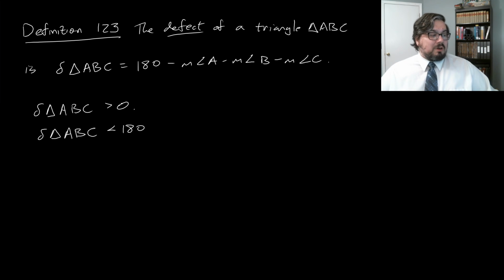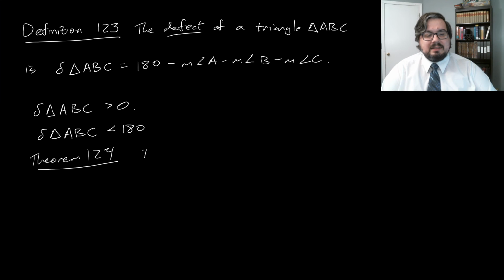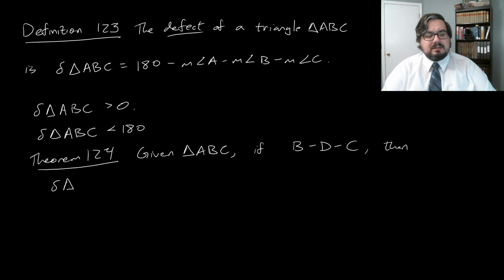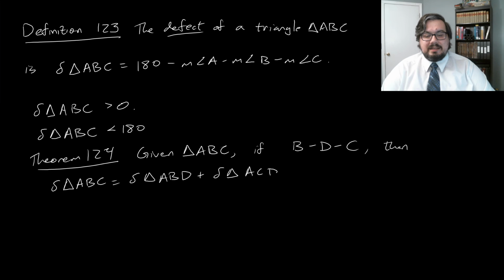The most important property that we have for the defect is Theorem 124, which says that given triangle ABC, if we take some point D between B and C, then the defect of triangle ABC is equal to the defect of triangle ABD plus the defect of triangle ACD.